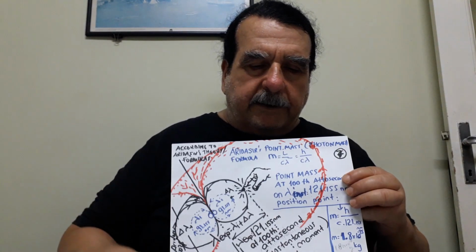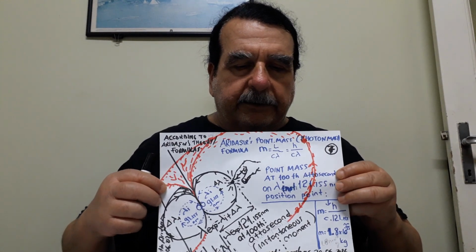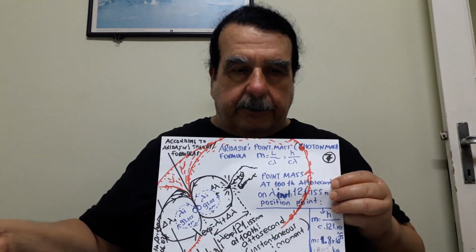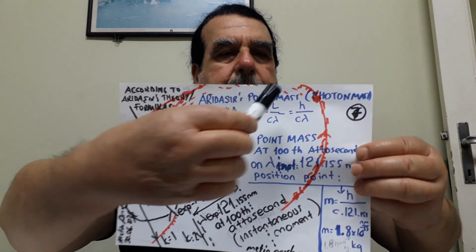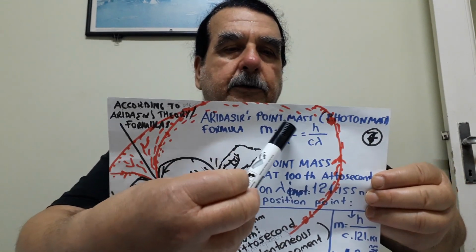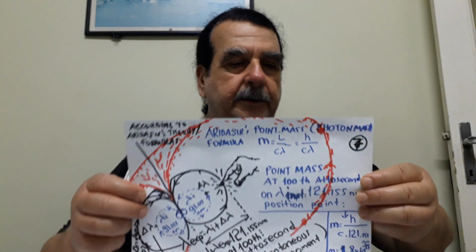Okay. 7. What is the point mass, electrophoton mass or photon mass? Formula of METİN Arıdaşır. What is point mass at the 100 attosecond? Here it is. Arıdaşır's point mass formula. Angular momentum is Planck's constant according to me, and this is the mass.